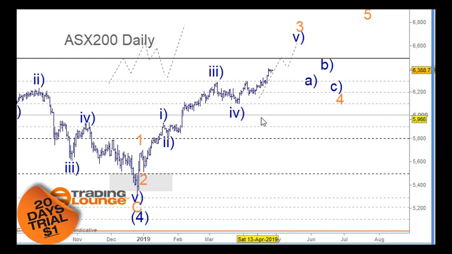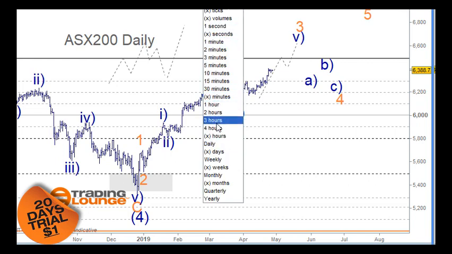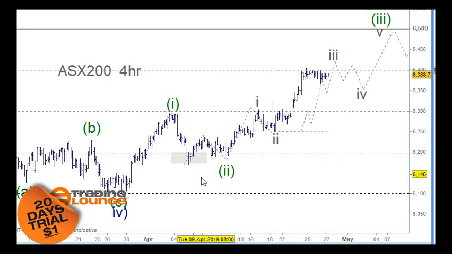So anyway, let's go into the intraday and pick up from wave 4 here, this reference point low. From here we've got wave 1, and we're looking at wave 2. Now, as I mentioned before, this wave 2 could also be sitting over here.